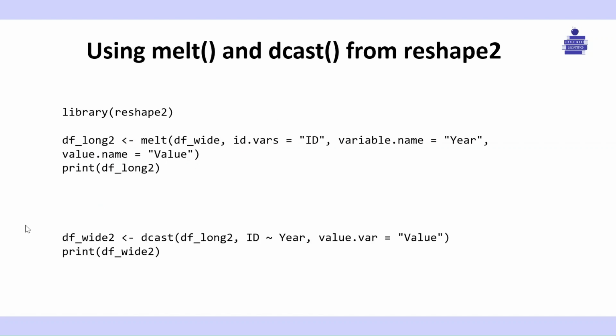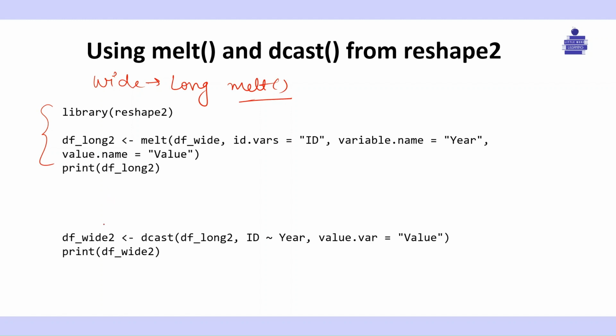Next is using melt and dcast from reshape2. The older versions of R use the reshape2 package. So the first set of statements is for converting wide data to long using the melt function.